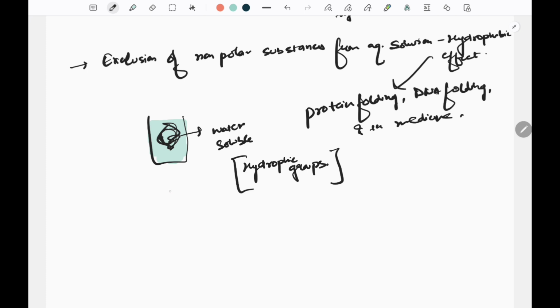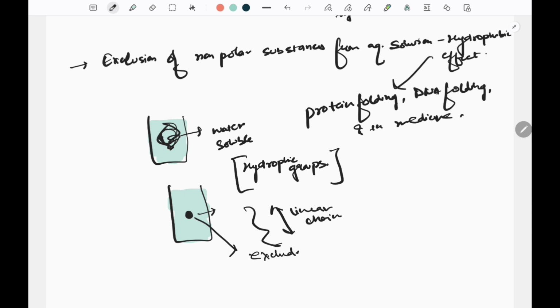So if the protein is a linear chain like this, it is going to constrict itself into a particular shape so that it excludes the water molecules, and it will form a structure like this that I've just made. So it will make a structure like this to exclude the water molecules. So this has a direct role in protein folding. I hope you get it right now.